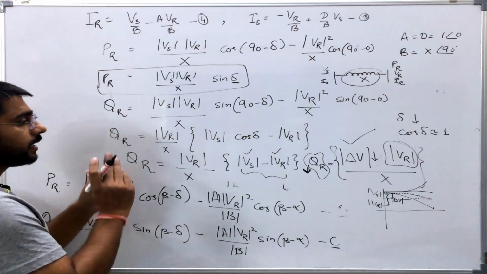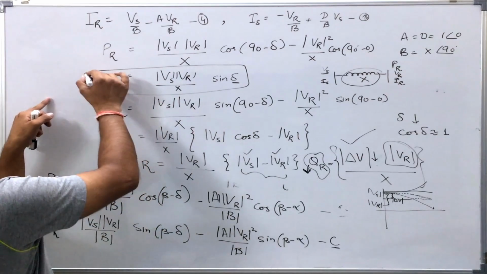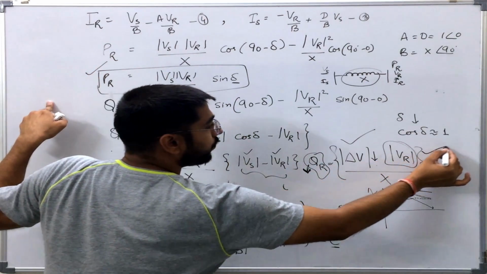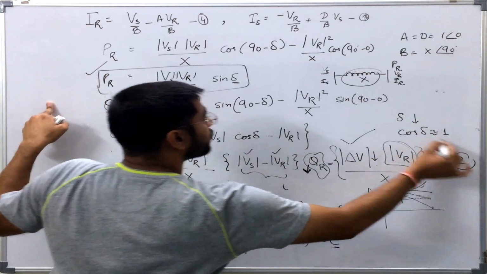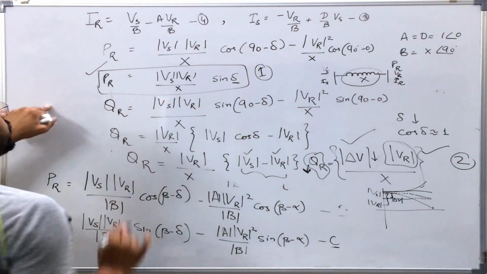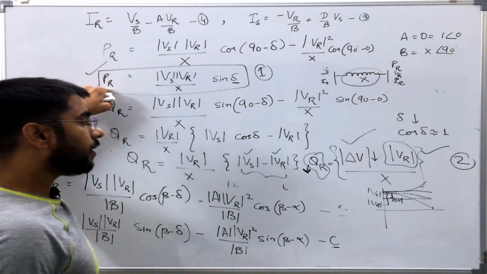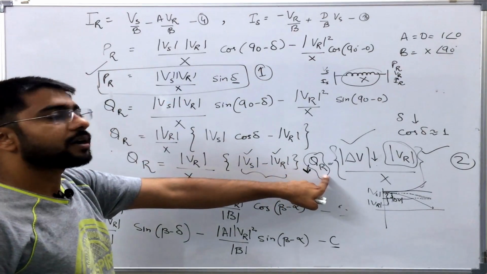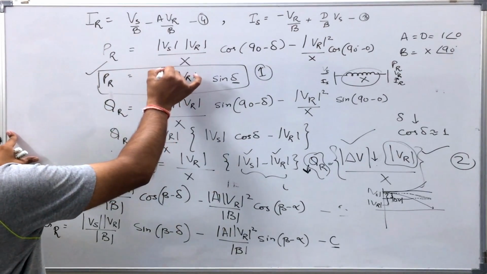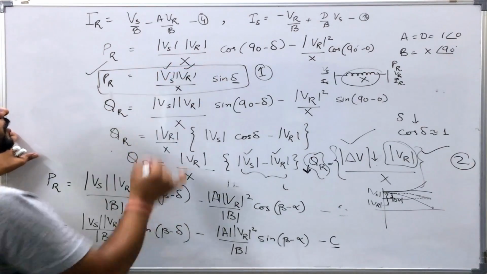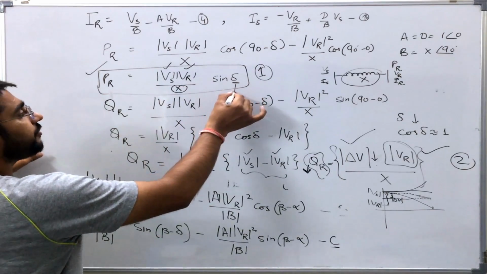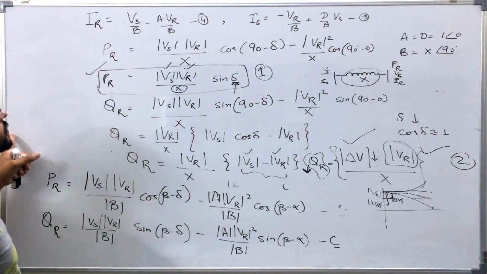So you see, from these two equations, this is equation 1 and let us say this is equation 2, I can easily find the value of the receiving end real power and the receiving end reactive power only if I know the magnitudes of the various voltages, the reactance of the line, and the angular difference between these two voltages.